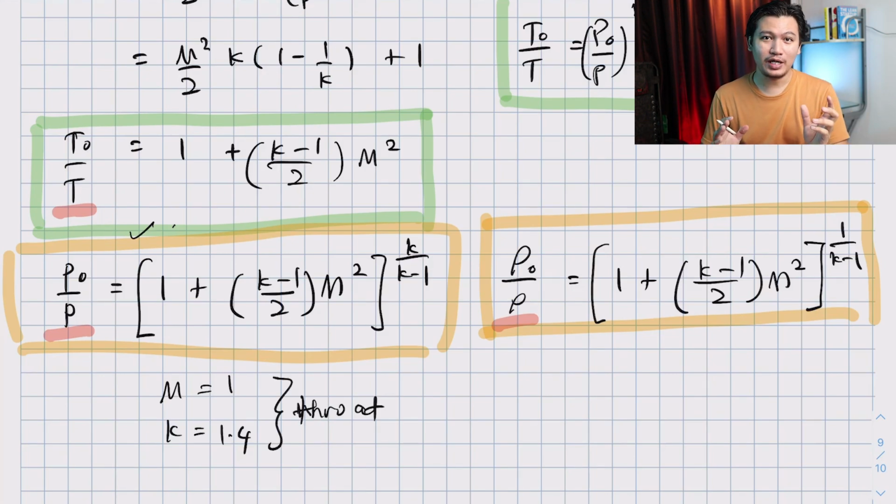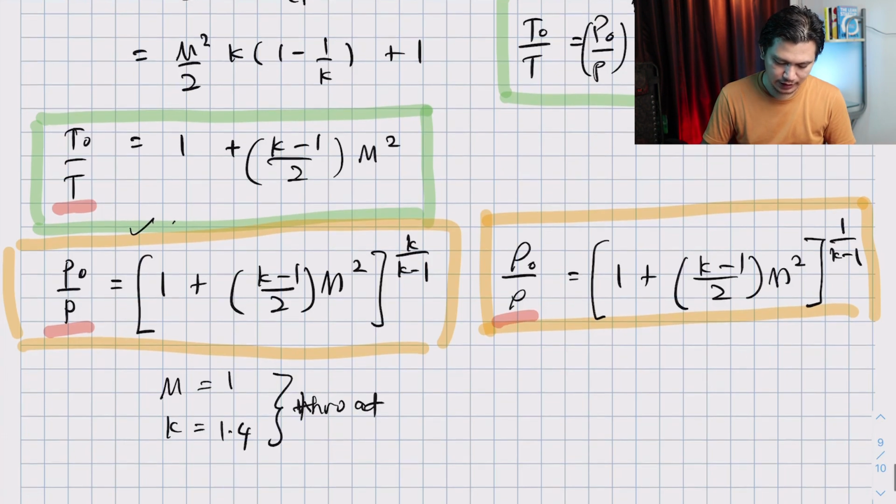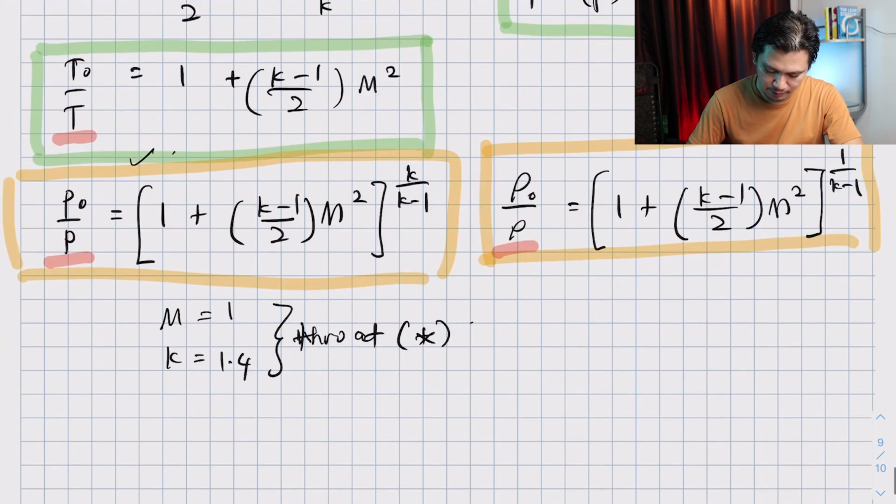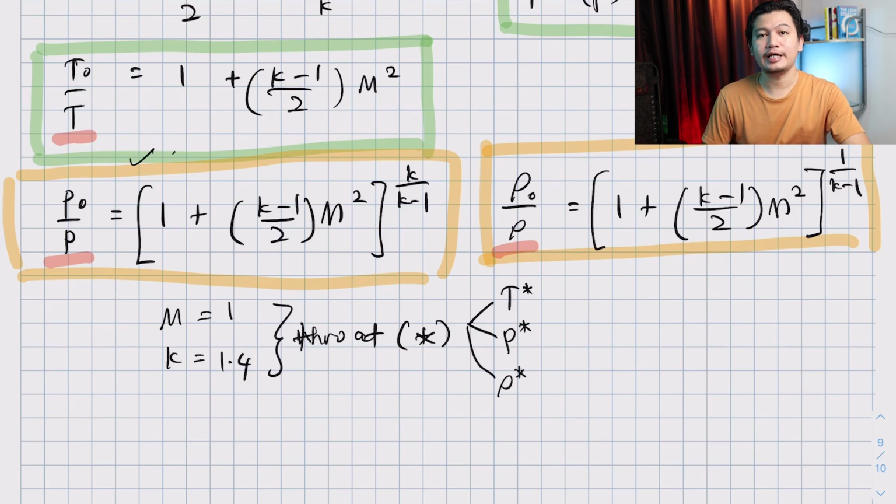We agree that Mach number 1 can only be at the throat. Okay, and if we put this information inside the relationship, let's say at throat, I'm going to use asterisk. That means T asterisk is the temperature at throat, P asterisk is the pressure at throat, and rho asterisk is the density at throat.